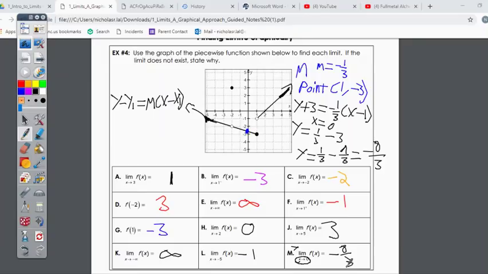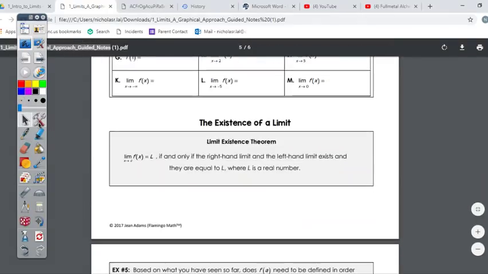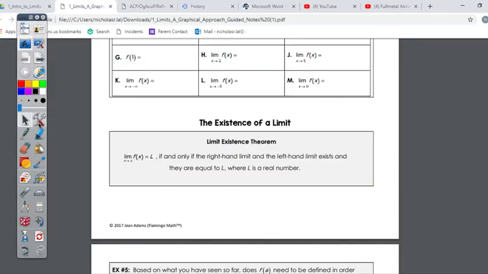All right, the existence of a limit. The limit as x approaches c is equal to L if and only if the right-hand limit and the left-hand limit exist and they are equal to L, where L is a real number.